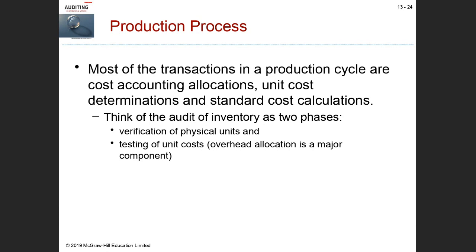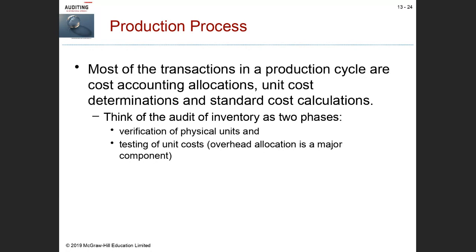Well, we would have to know how many actual units of inventory do we have, right? So we see in the PowerPoint, it says think of the audit of inventory as two phases. How do we verify the physical units that are on hand? And then physical units, of course, will be multiplied by the cost per unit.